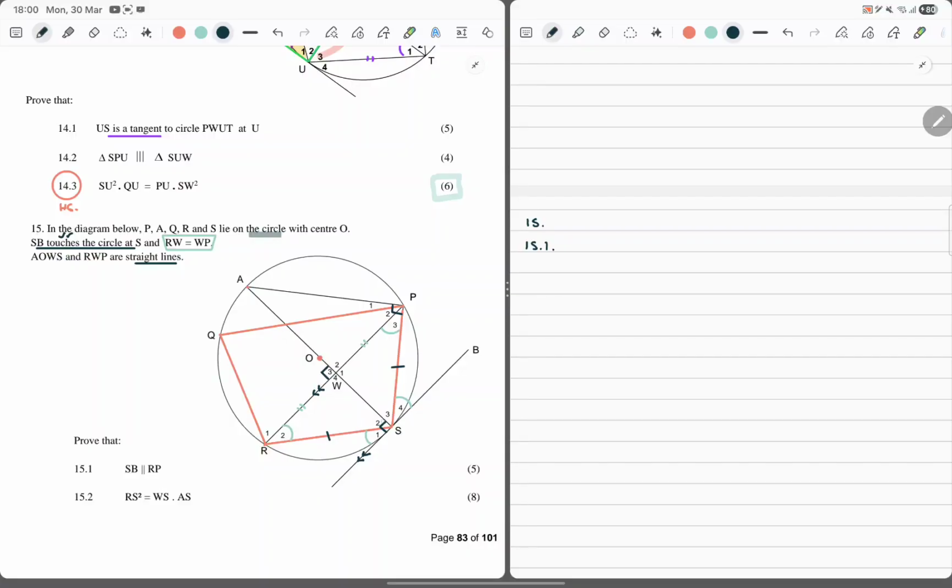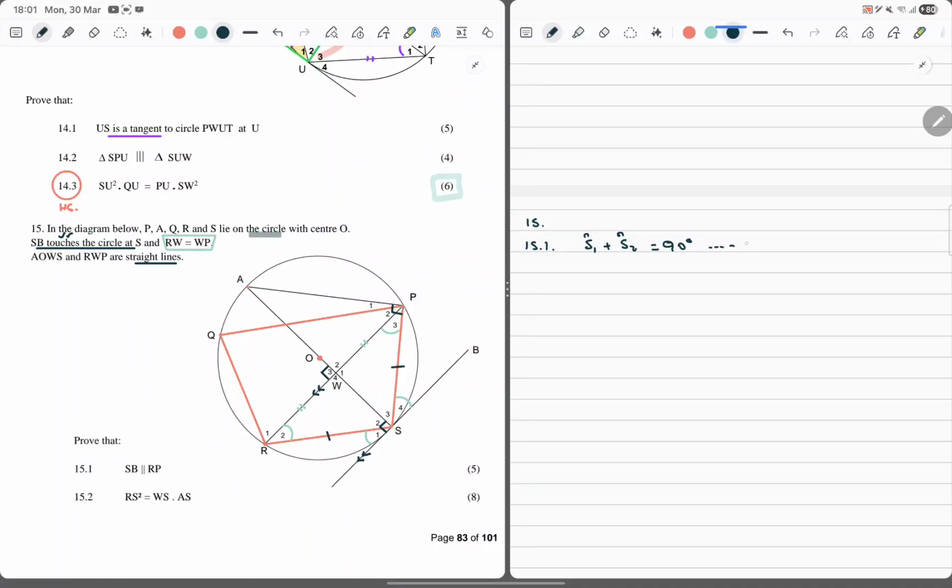We're going to use the line from center to midpoint, so that this is 90 and tangent radius 90, corresponding angles. We're going to use that. So we're going to say fine. We know that, basically, let's just say S1 plus S2 must be 90 degrees, right?